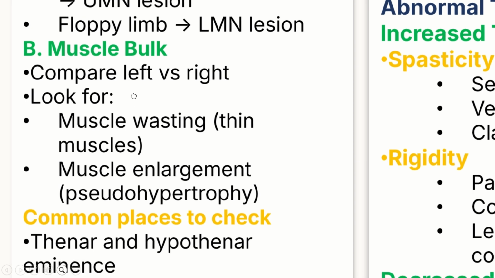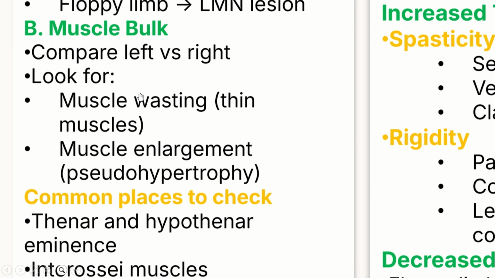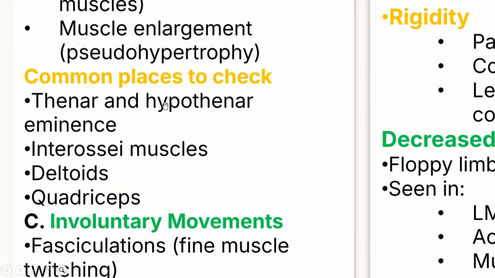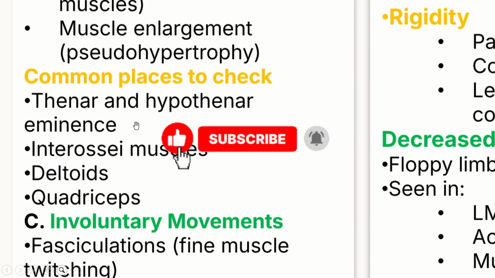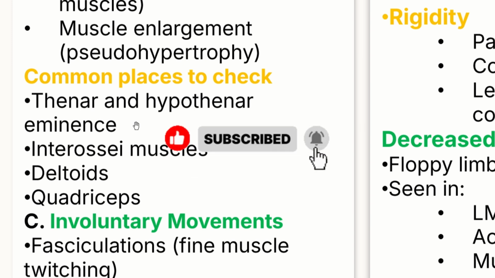So when I look at the muscle bulk, you're going to look for muscle wasting, the thin muscles, or muscle enlargement, that is pseudo-hypertrophy, which could be caused by some conditions. You are going to commonly check these places for hypertrophy or wasting: the thenar and the hypothenar eminence in the hand, the interossei muscles, the deltoids, and the quadriceps. Then you're going to look for involuntary movement.